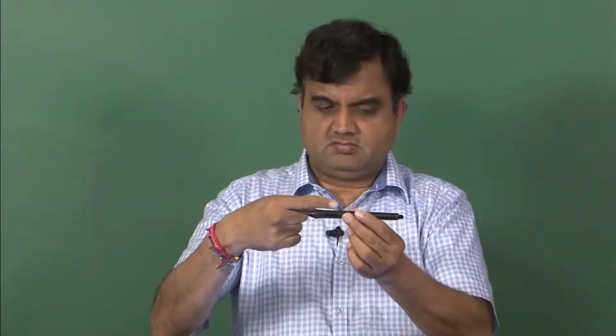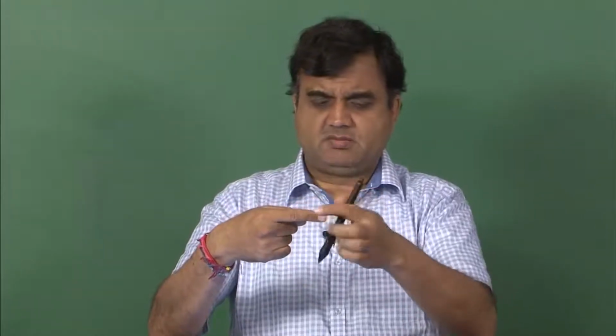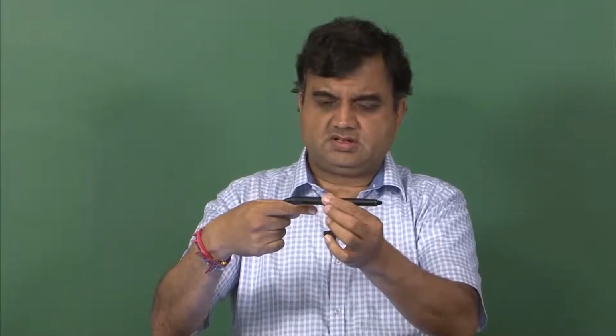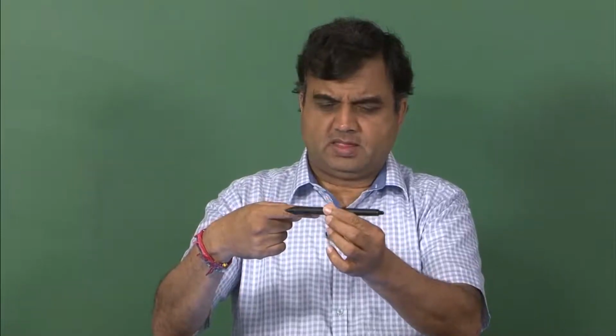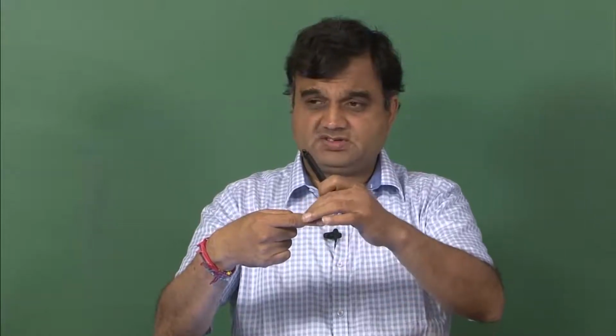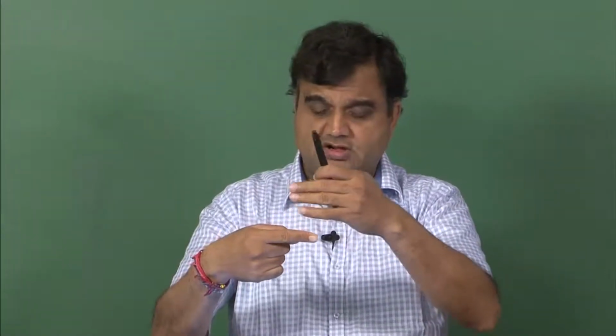So, when the first blade passes, some air gets compressed between the stator blade and the first rotating blade. Then the second blade comes, and again you have an aerodynamic interaction between the stator blade and the rotor blade. Then the third blade comes, you have the third interaction.